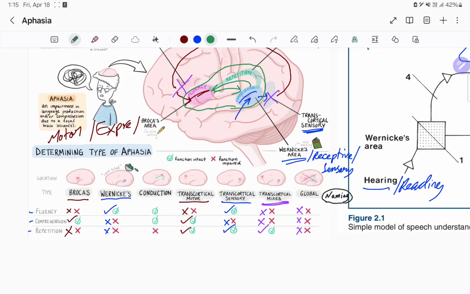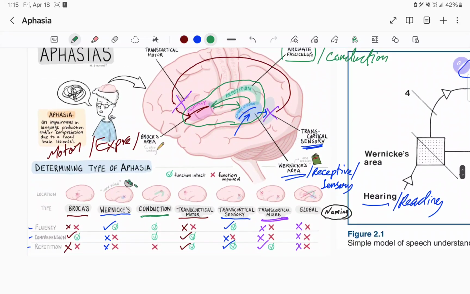And then we have something called conduction aphasia, when the defect is only in the arcuate fasciculus. So of course we are outside the fluency and comprehension areas, so fluency and comprehension will be intact, and the only affected thing is repetition. Repetition will be impaired. Lastly, we have naming aphasia or anomia.